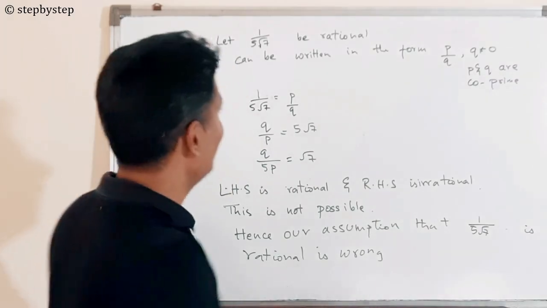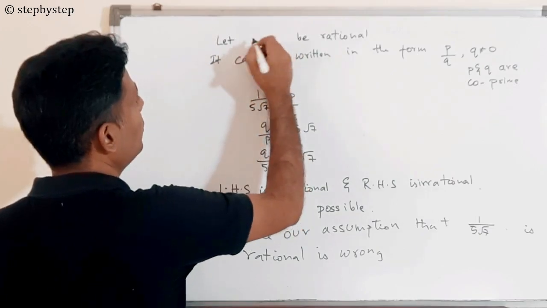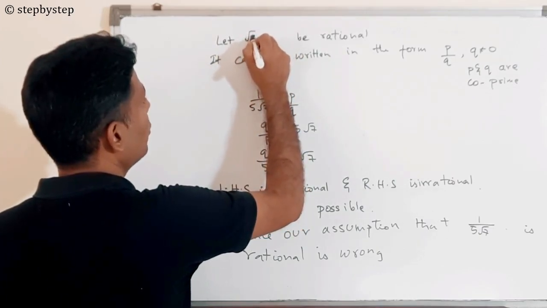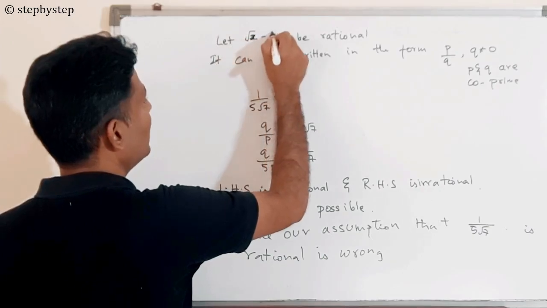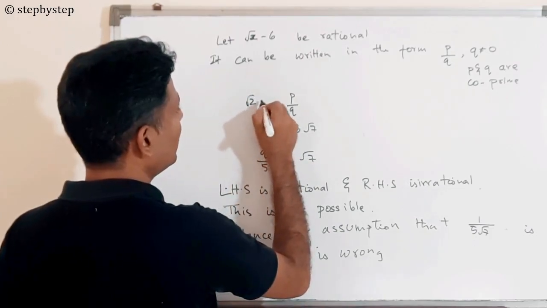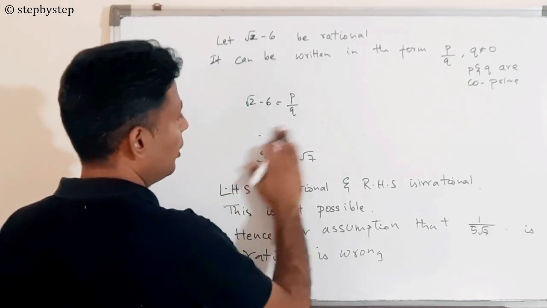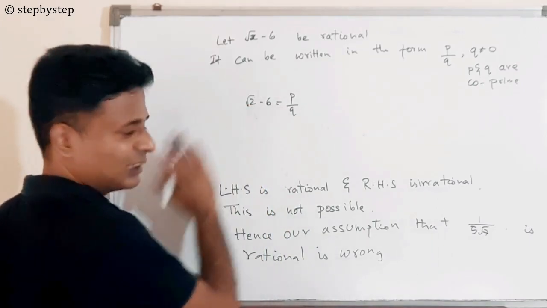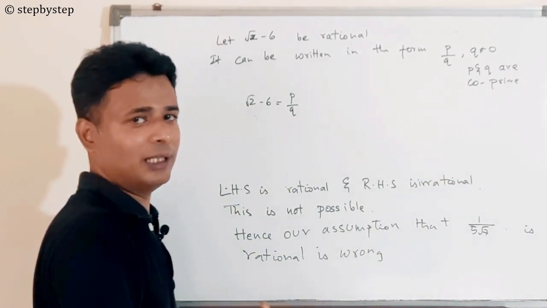Are you getting it? Like for example, if I had given you root 2 minus 6, what would you have done? You would have taken root 2 minus 6 equal to P by Q. All you have to do is keep the irrational part on one side, transpose everything else on the other.